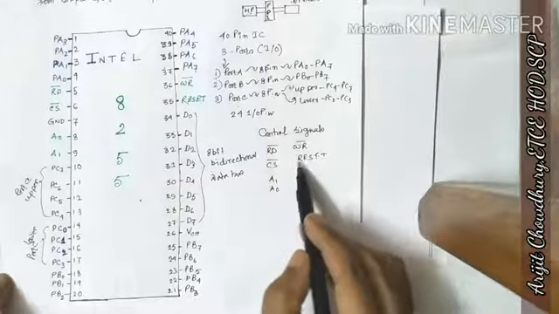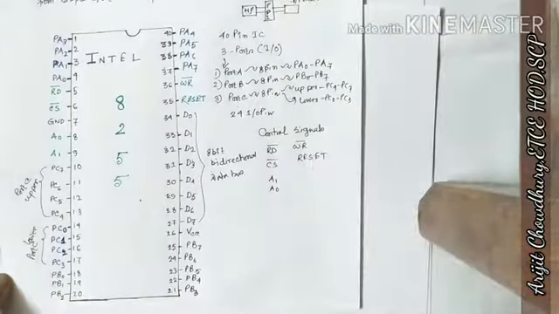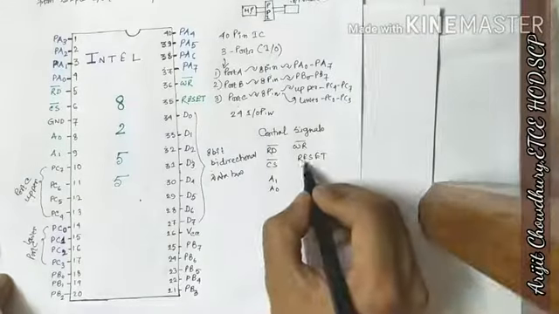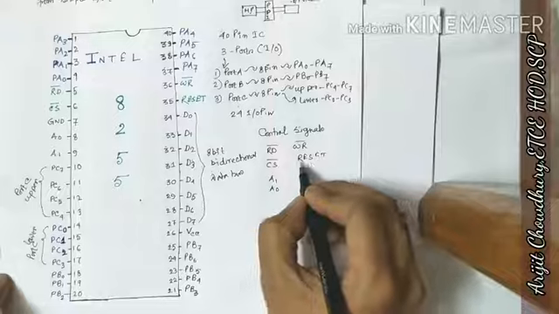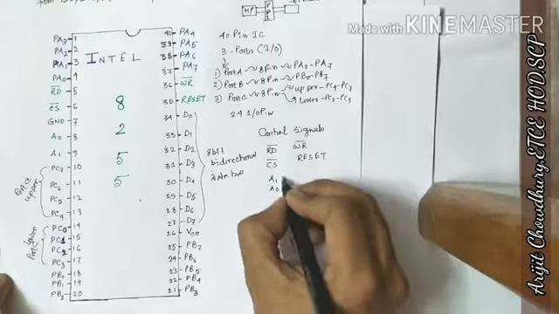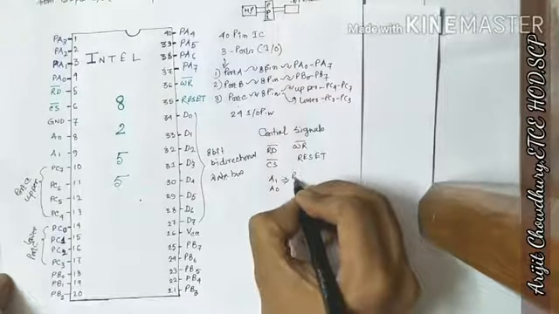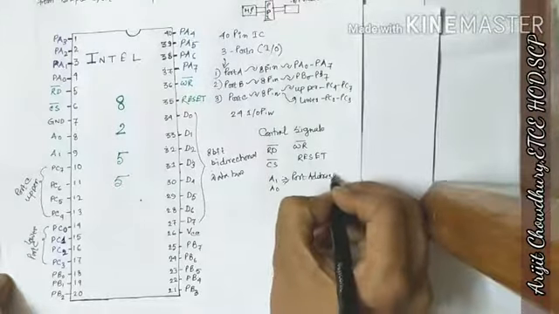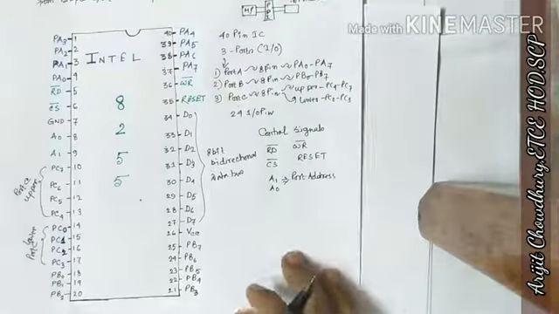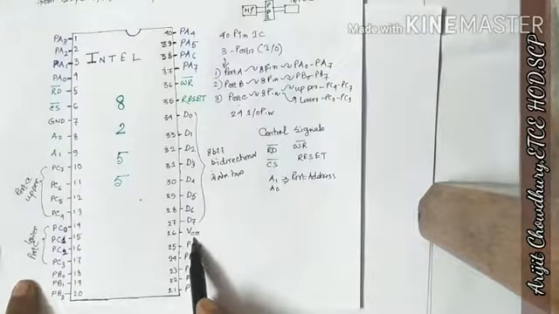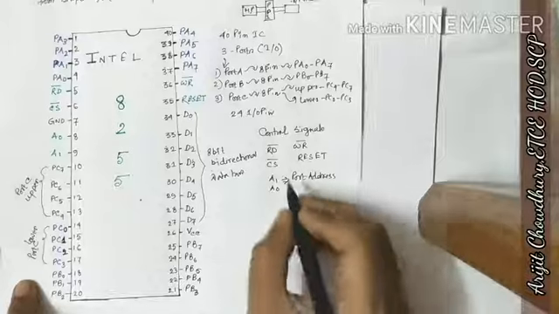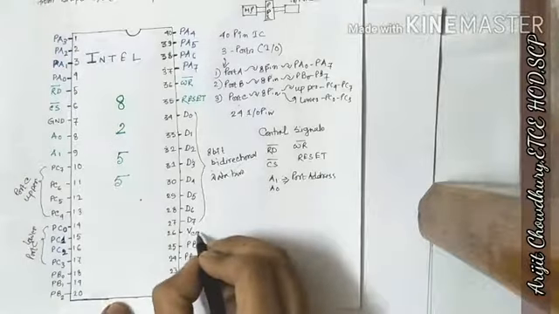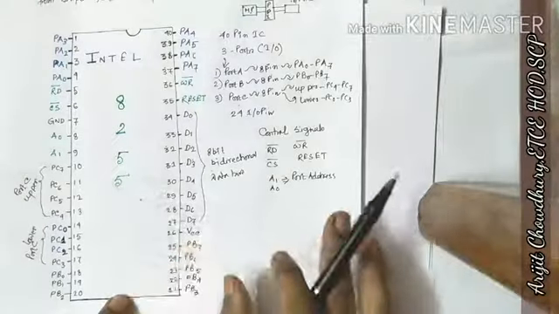Reset is used to reset the data bus buffer. A1, A0 are also used for the port address. Then there are the ground and VCC signals. VCC means plus 5 volt DC, and ground is 0 volt.